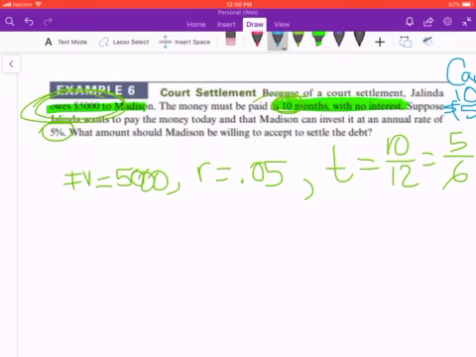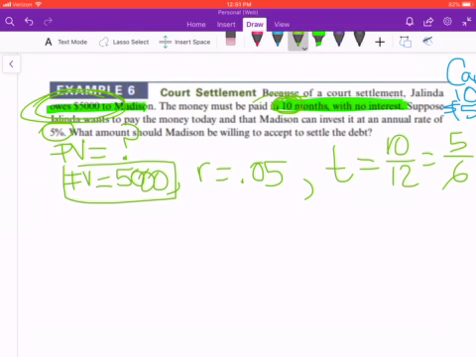The other option is that Jolinda pays a certain amount of money. We don't know what it is, but she pays it now. But because she's paying it now, and Madison is the one who will be investing the money so that he could get $5,000 in 6 months. I'm sorry, in 10 months.